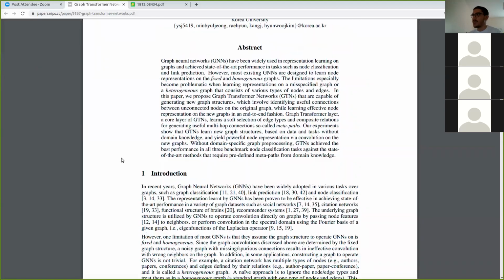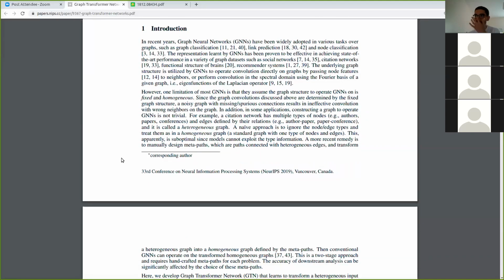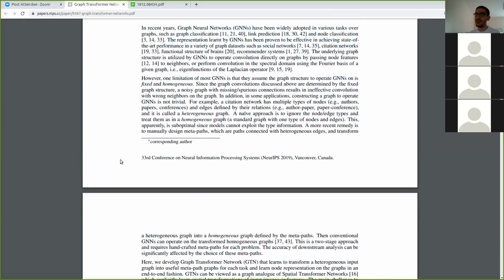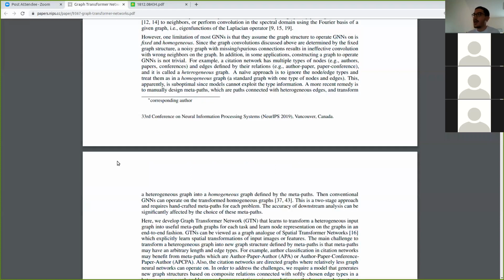Okay, so that's the abstract. The introduction mainly talks about how to approach the problem of including heterogeneous information in your graph. First it gives a naive approach, which is to forget about any heterogeneous information, treat your graph as homogeneous, and operate on that, which of course is cheating, because it doesn't allow you to exploit that information.